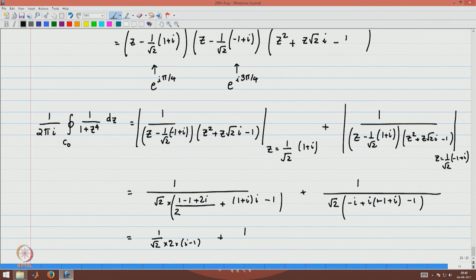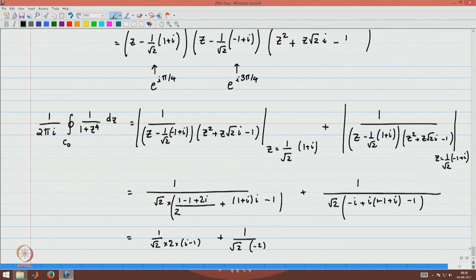And then I have 1 by root 2. Now, one of the i's will cancel, and then you have plus i square, which is minus 1. So, I have minus 2. So, just check again. z square will give me i.